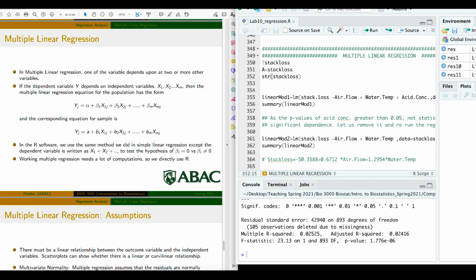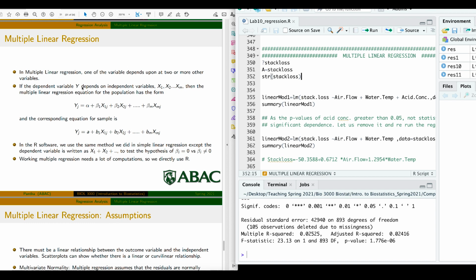So what I'm going to do next is talk about multiple linear regression. That means that y depends on more than one x variable, but linearly. In multiple linear regression, one variable depends upon two or more variables.